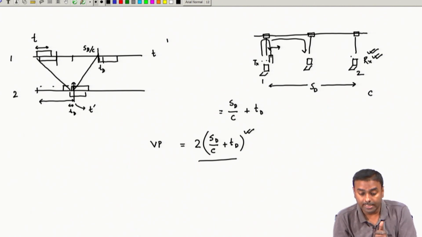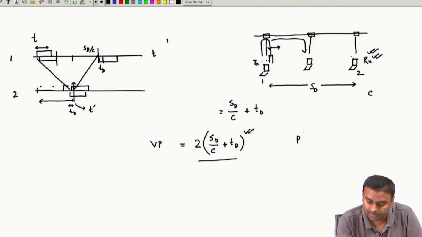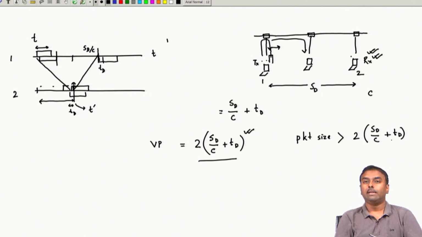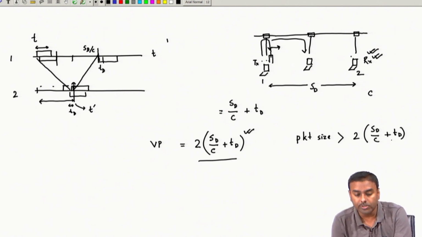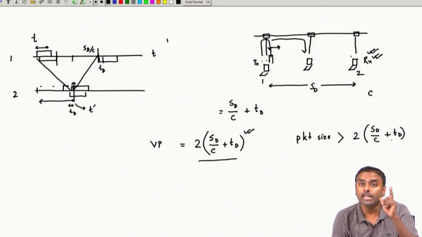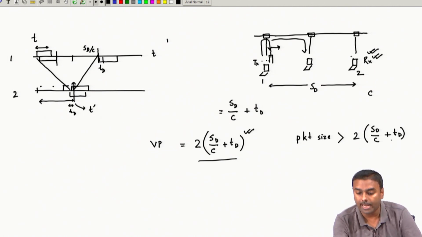So, therefore, the packet size is very important: packet size must be greater than this, to avoid any kind of confusion that will be happening in the network. Because if this is not true, I can still create a collision at the receiver.